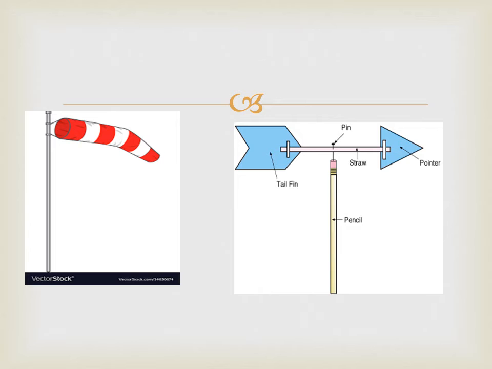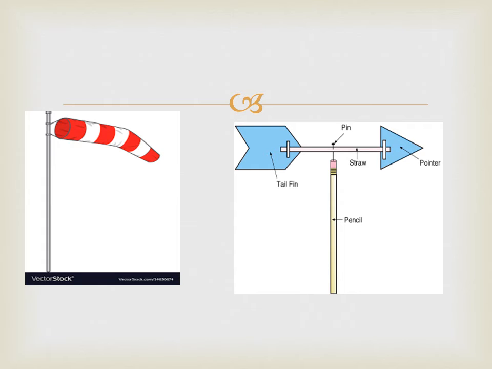Pupils, we have the pointer, that is the arrow, and we have the tail. The function of the wind vane is to measure direction of wind. Caution, note, the pointer always points to where the wind is blowing from.